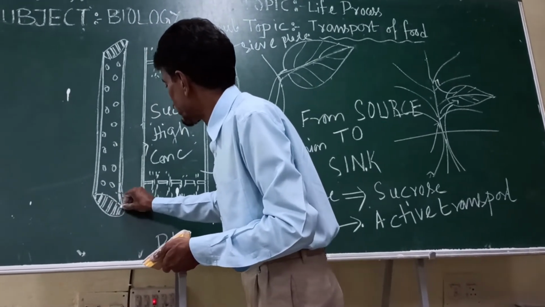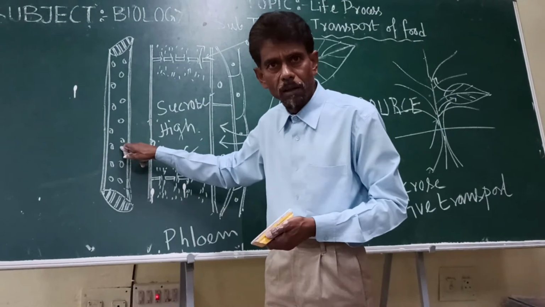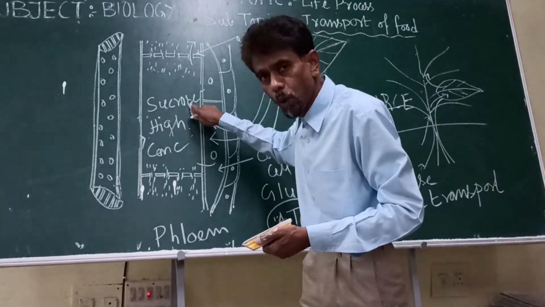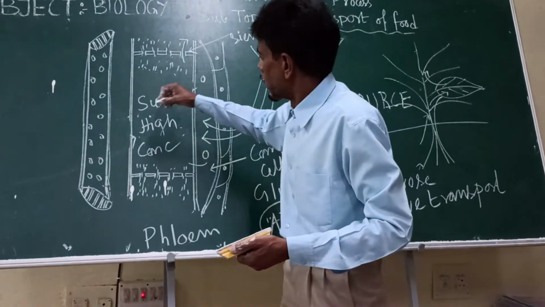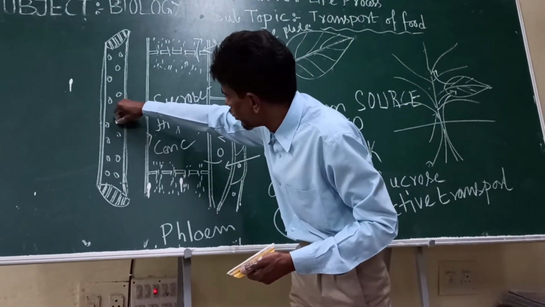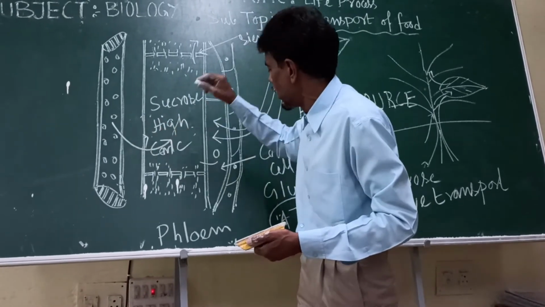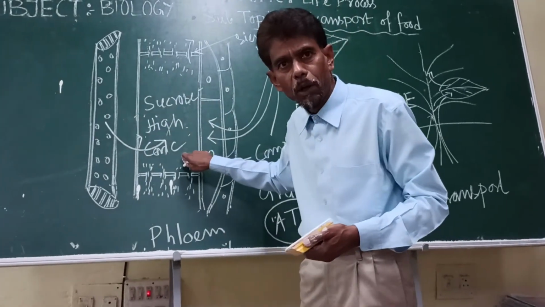Now, the xylem vessel is full of water. Because of the increase of concentration of sucrose, now the water molecules will move passively to the sieve tube.